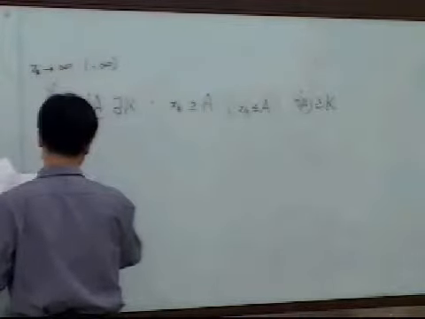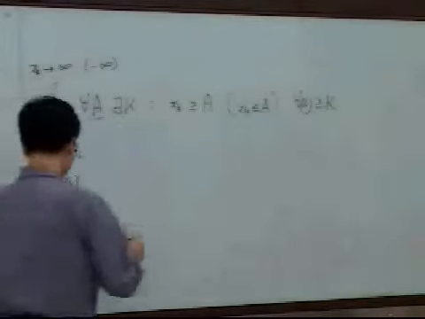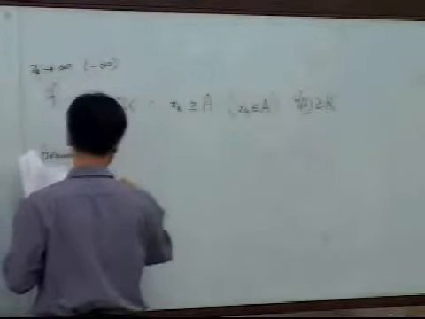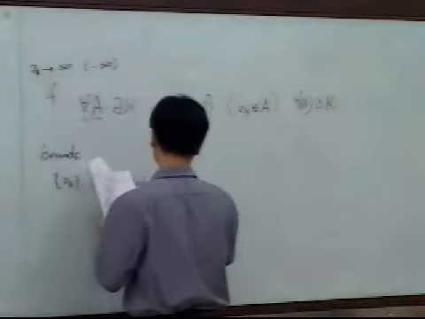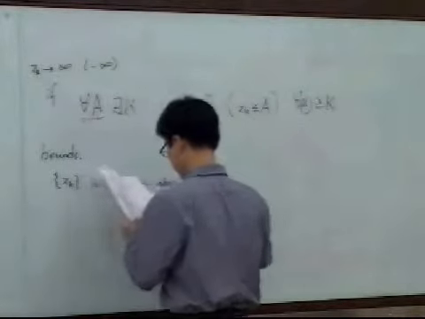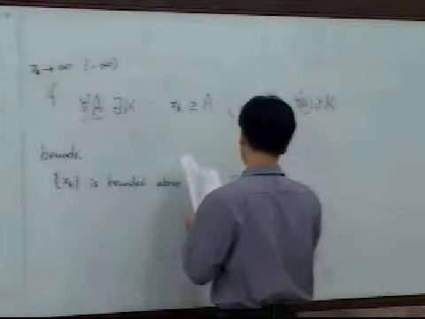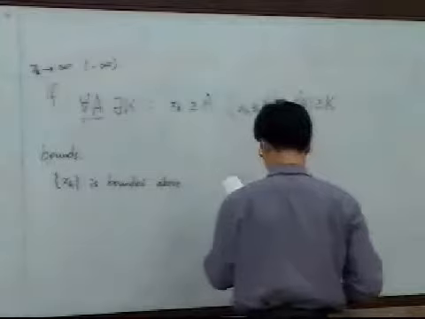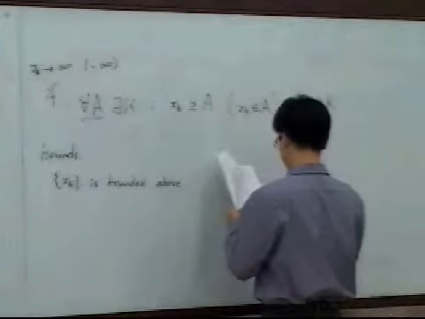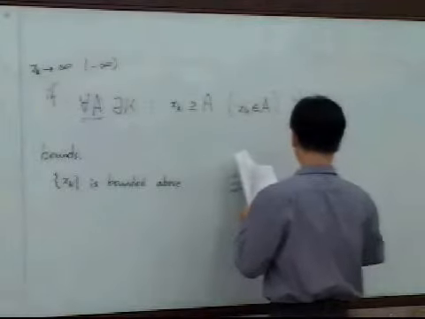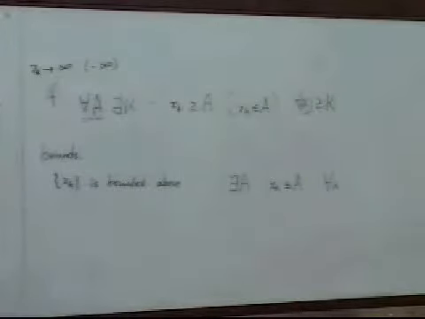Let's say there is a sequence, and we call this sequence x_k bounded above if there exists some large a such that x_k is less than a for all k. Okay?